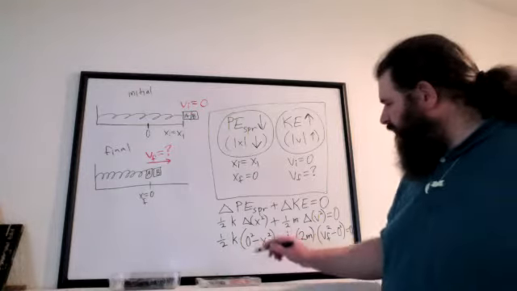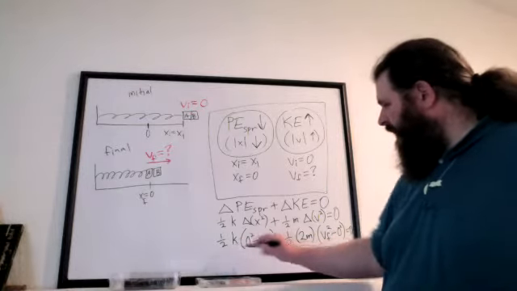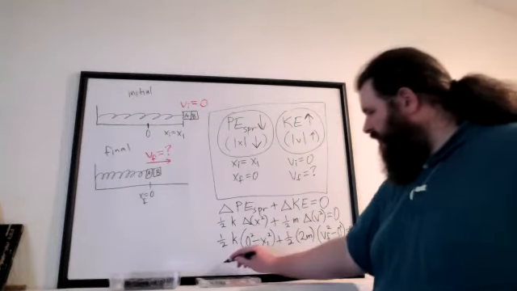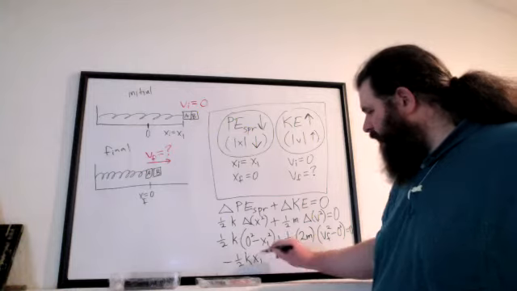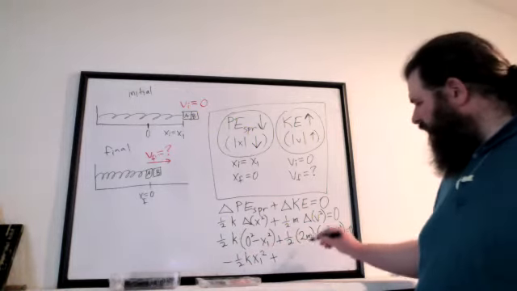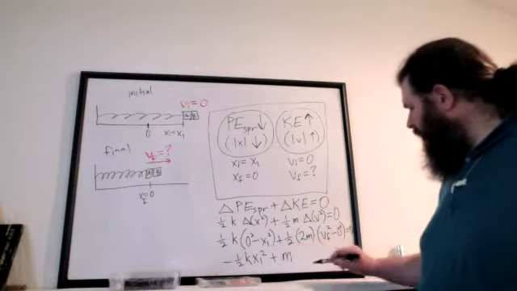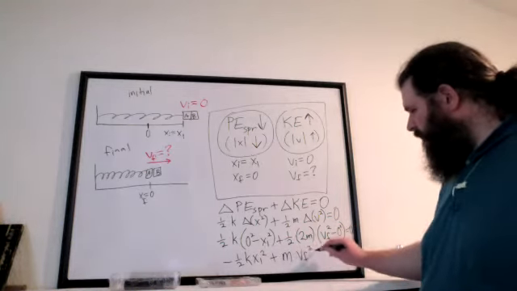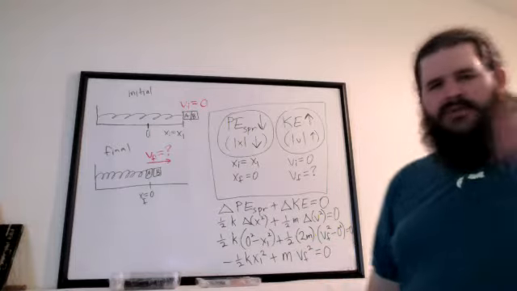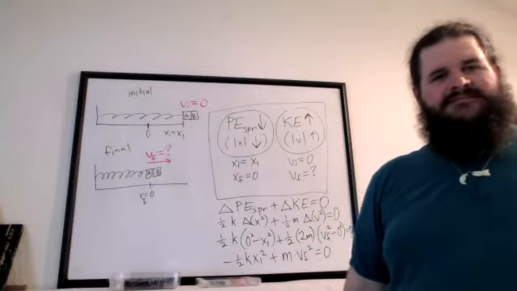And then if we simplify this a bit, we've got 1/2 times k, and then 0 minus x1 squared is just negative x1 squared. So negative 1/2 k x1 squared. 1/2 and 2 cancel out, so we get m. And then v final squared minus 0 is just v final squared. And what are we trying to solve for here?